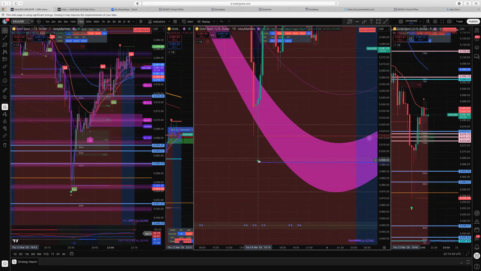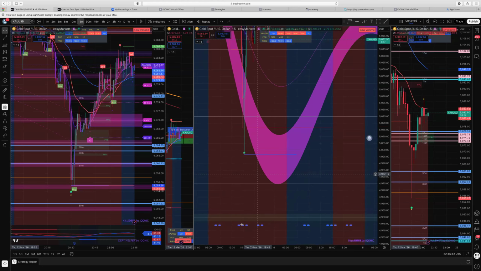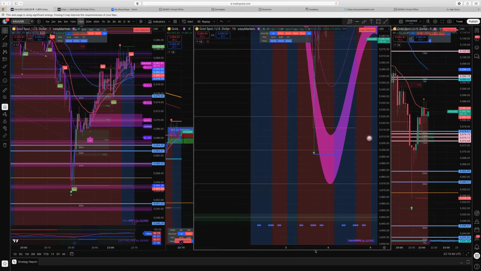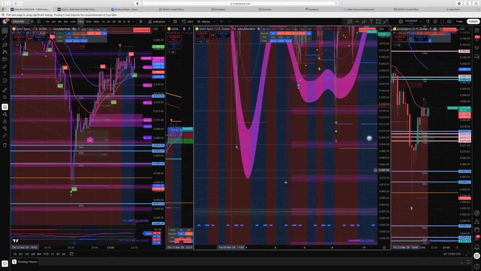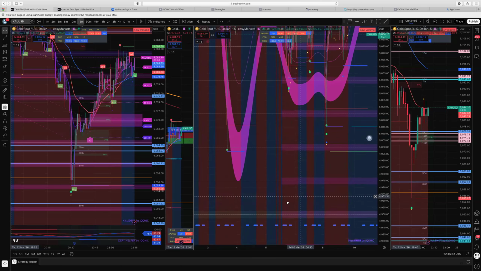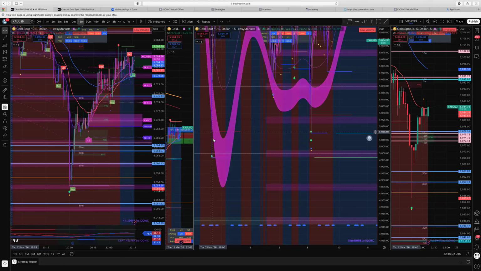Has it come back and filled this area yet? Guys, do you think that this area has yet been filled? No, not fully.